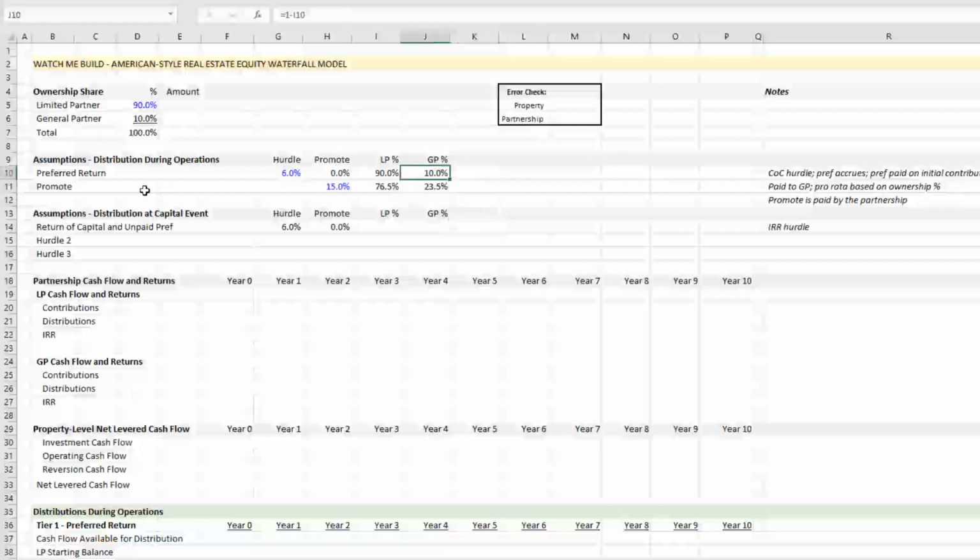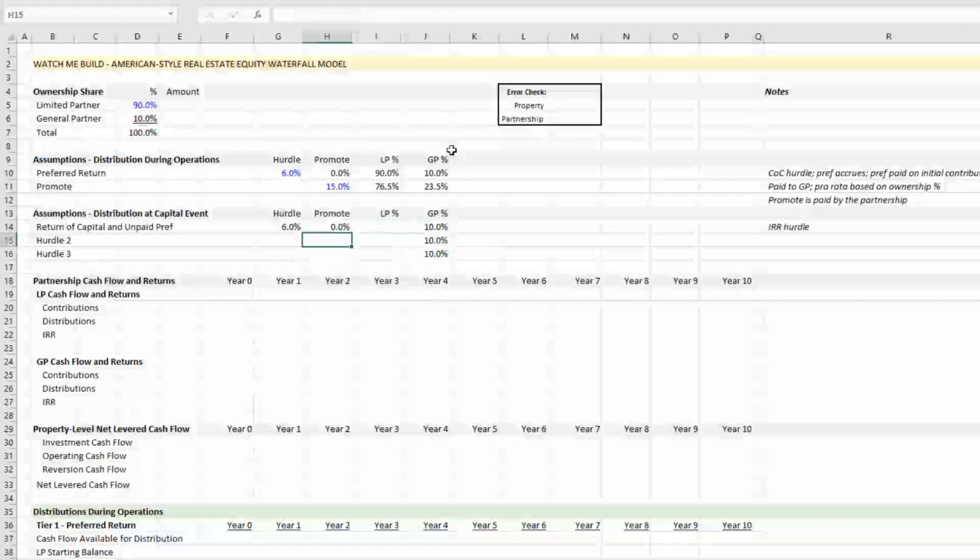And then here, what we're going to do is use this formula, just like so. Let me hit F4 on the GP's ownership percentage. I can just borrow this formula, come down, and copy it to those three. And you'll note, because the promote is 0, the GP earns simply its pro rata share.